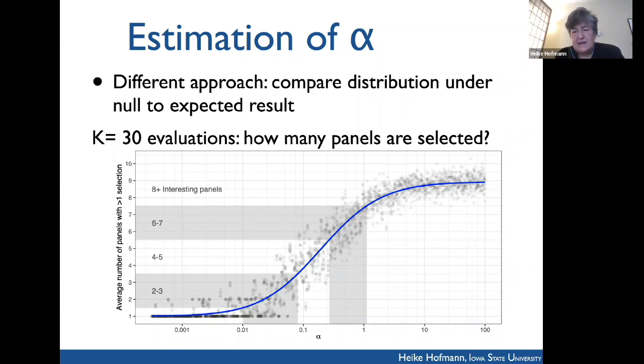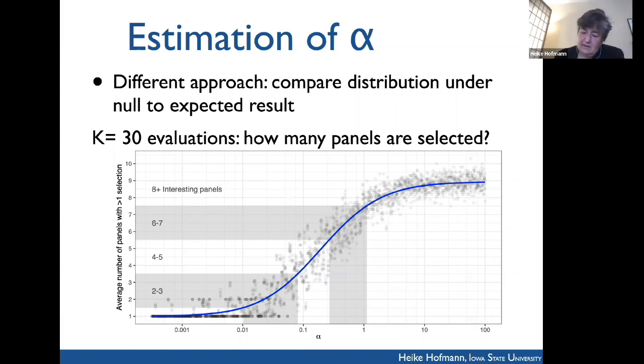So we're simulating a lineup, and we simulate 30 evaluations. Under the null hypothesis of Dirichlet distribution alpha equals 0.1, 1, 10, a certain fixed value, how many panels were selected? You can see how these dots generally follow the blue line.